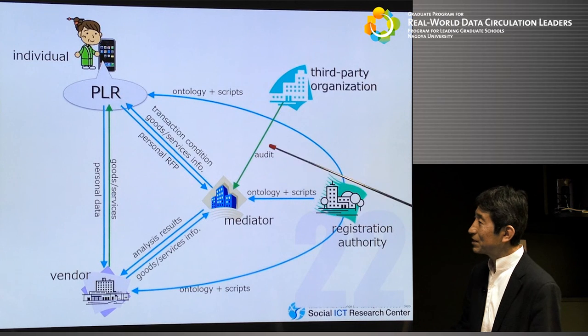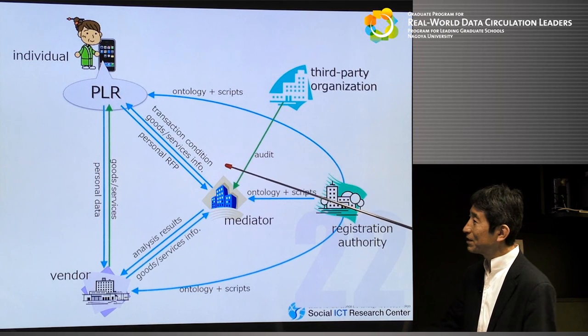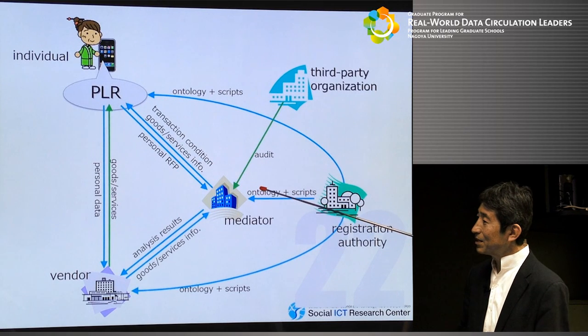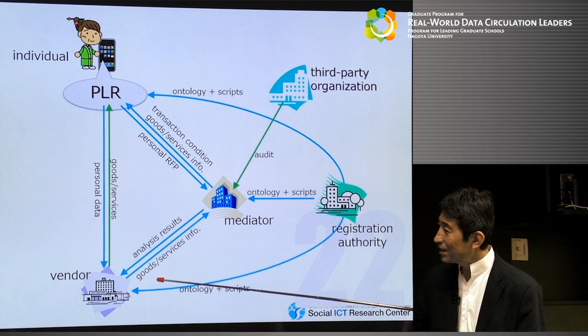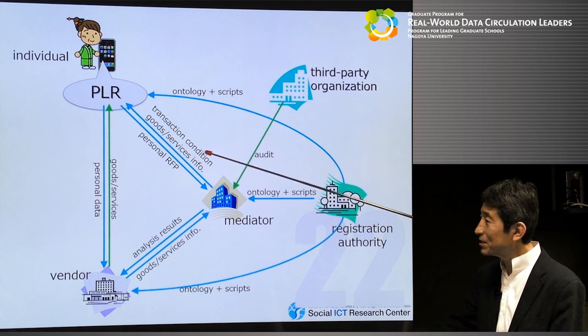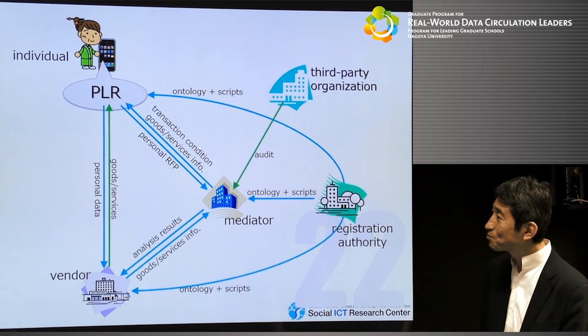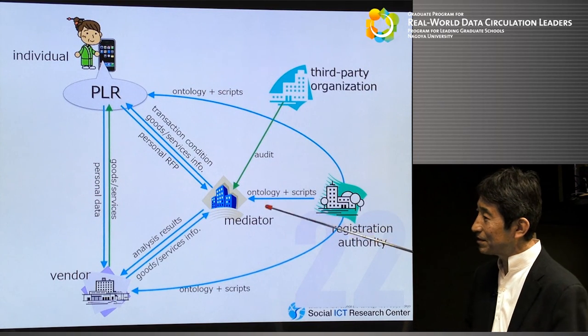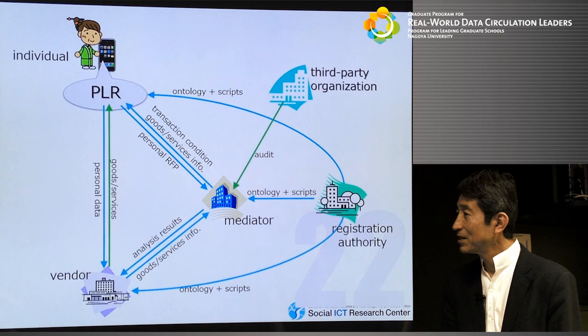So the mediator collects personal requests for proposals from the individuals, and also collects the information about goods and services from vendors, and matches between these. And the result will be returned to the individuals and also the vendors.